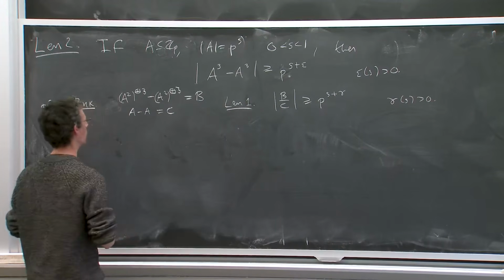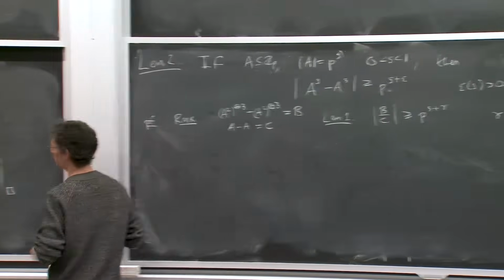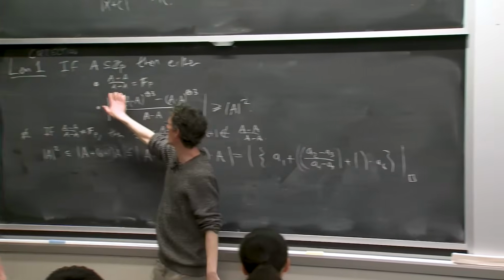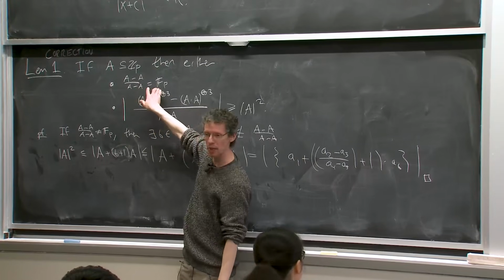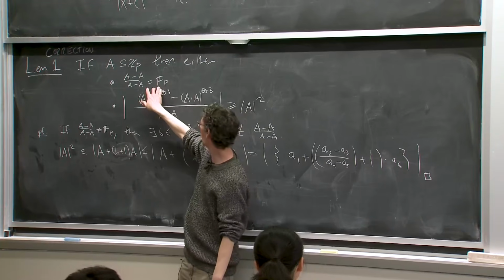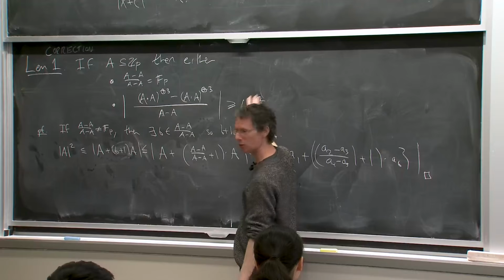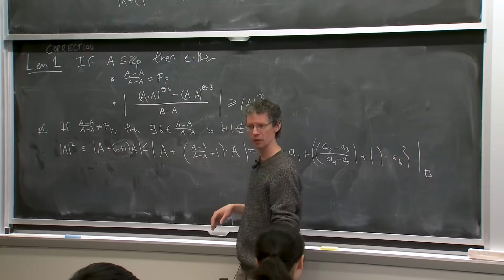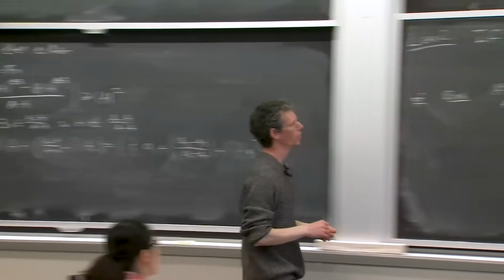Why? This B over C contains just (A - A)/(A - A). So one possibility is it has the full size p, and that would be good. That's a little bigger than p^s. The other possibility is that it's at least |A|^2, so then it's at least p^(2s). And again, that's good.